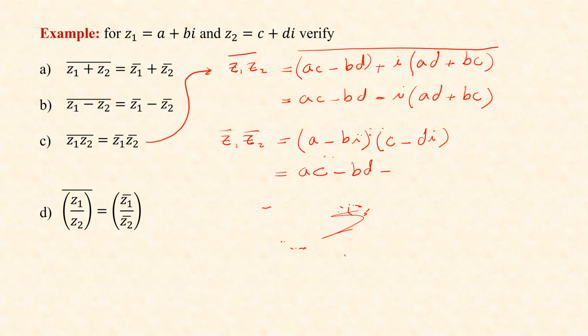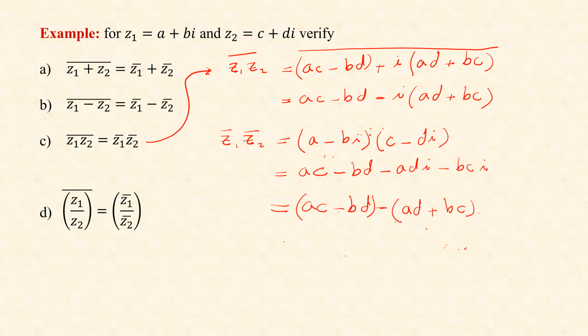And then the I part becomes negative AD I, and then negative BC I. And then if you factor the negative sign, it becomes AC minus BD as the real part minus I times AD plus BC, which is exactly what you have here, right?